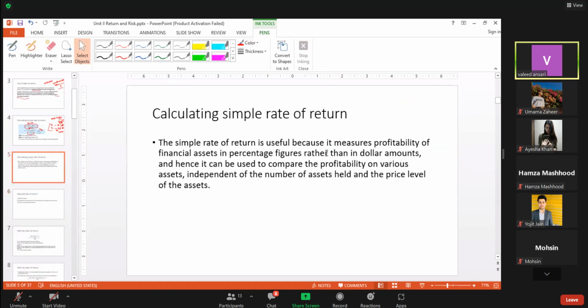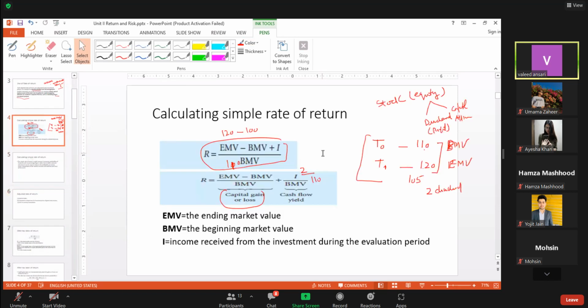And here keep in mind one more thing, that many stocks do not provide dividend, so only the return will come through the price change. If you put these values, you can find out 100, this is 110. 110 divided by this 100, and plus this part, either you can use this, because the denominator is the same.